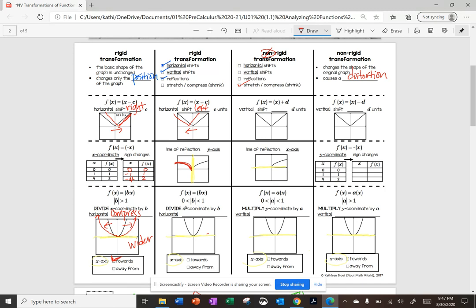When B, the absolute value, is between 0 and 1, then I would move in, and I would say that's narrower. And again, I'm interested in what's going on with the x-axis, and I'm actually moving away.